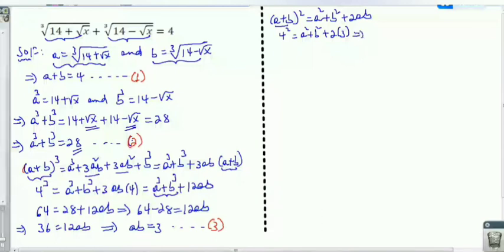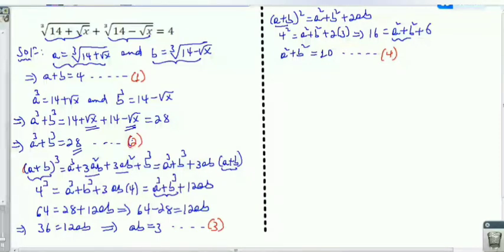So 4 square is 16, which equals a square plus b square plus 6. Taking 6 to the left, a square plus b square becomes 10. Call this equation number 4.